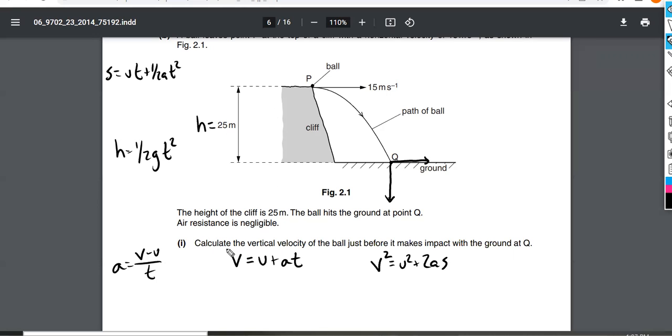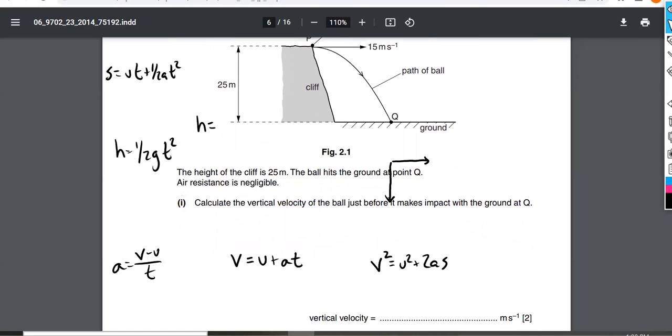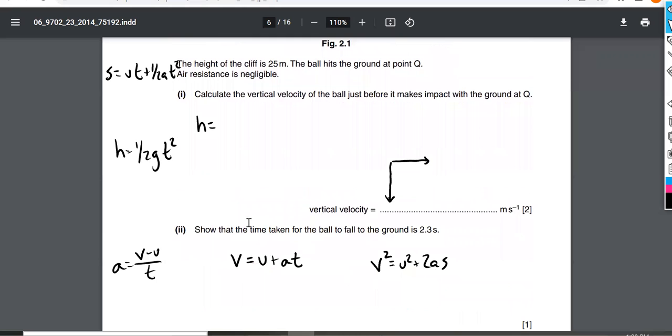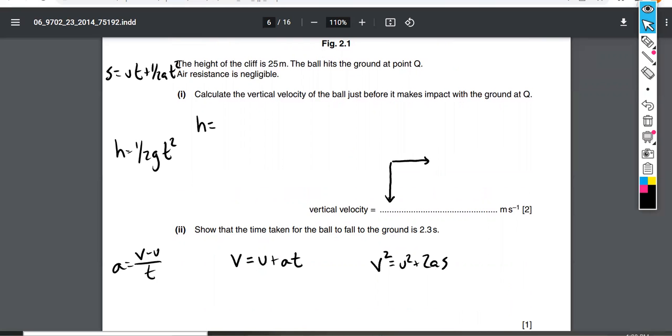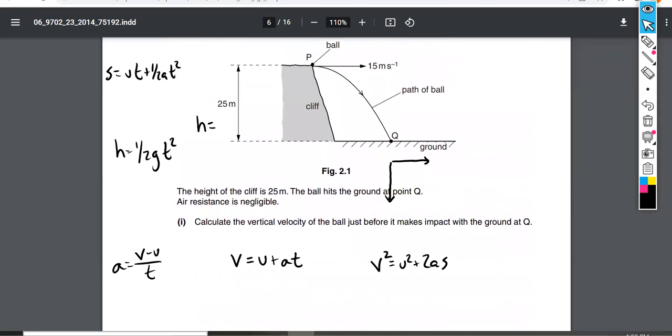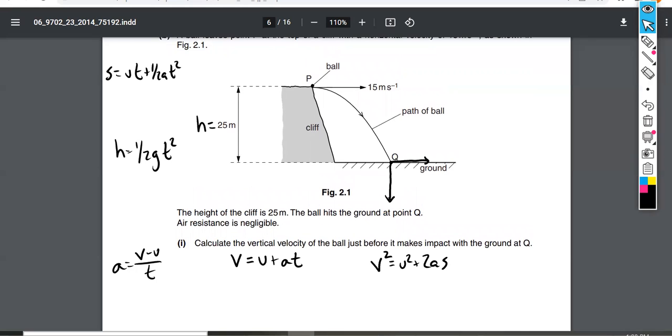I think that actually part 2 of this, they ask us to show that the time is 2.3 seconds or something like that. So the other thing that students that sit for paper 2 in ACE Physics can do is read ahead and say, okay, show that the time taken for the ball to fall to the ground is 2.3 seconds. Knowing that the time is 2.3, you could substitute that into another equation where we do use time.